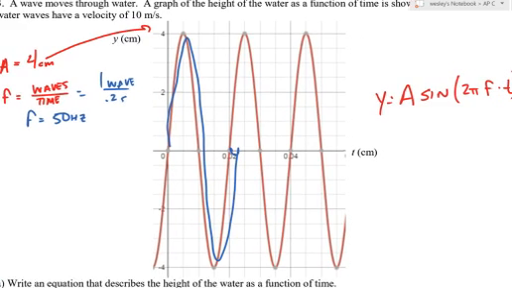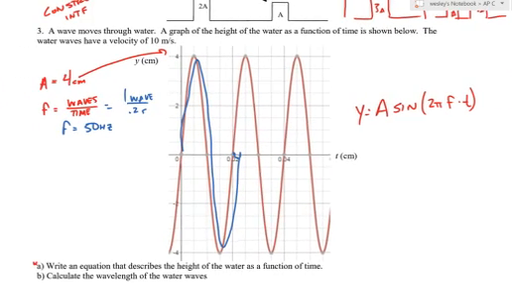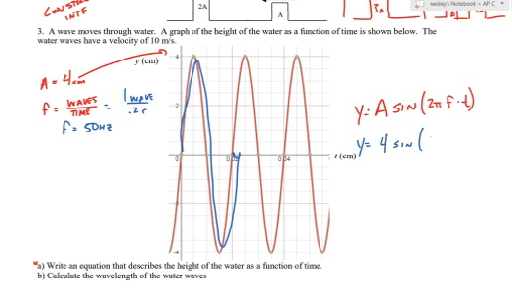So if I want to look at y as a function of time, we'll just plug those things in. 4 sine 2 pi times 50 hertz, so that's 100 pi times t. Again, I don't think that's terribly important.